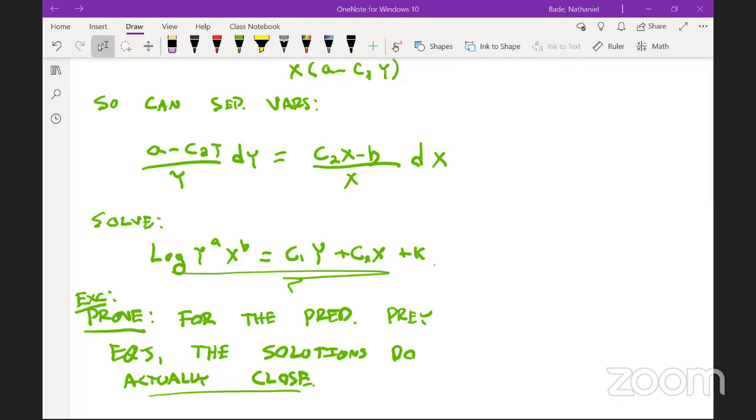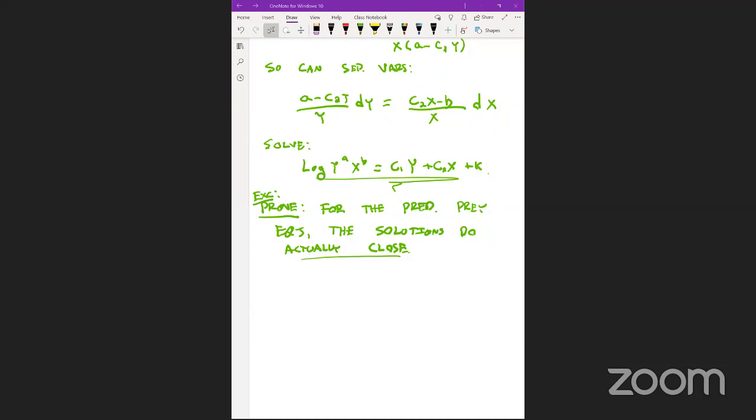Yeah, I've got the parameter values listed. It's just everything equals 1. So C1 equals C2 equals A equals B equals 1.